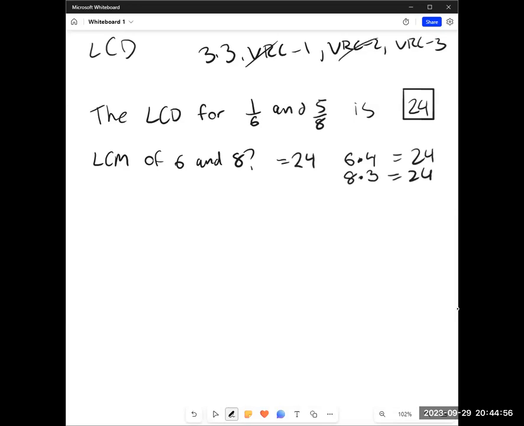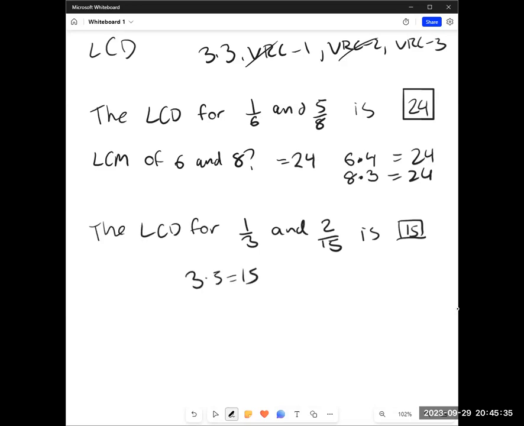And for this last problem here, the LCD for, let me make this up, 1/3 and 2/15 is going to be 15, because 15 is the LCM of 3 and 15. 3 times 5 is 15, and 15 times 1 is 15.